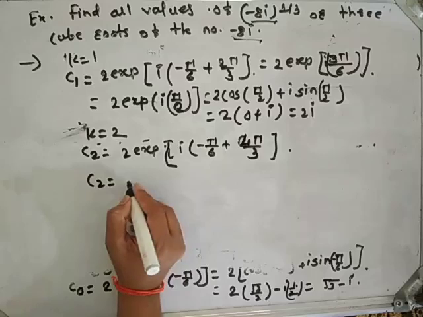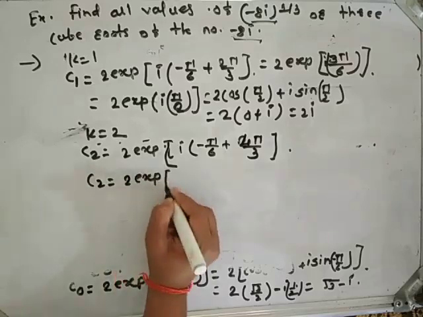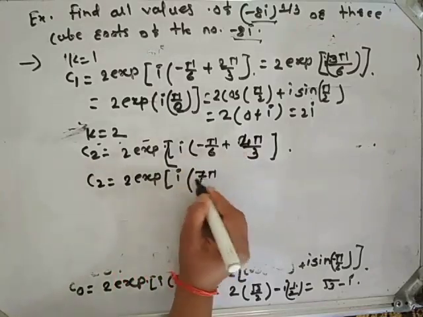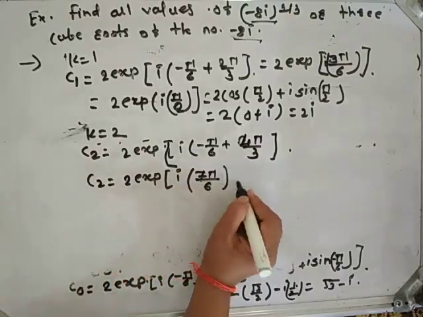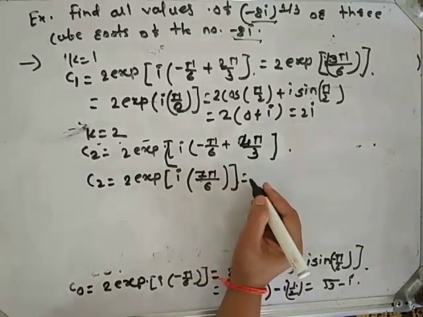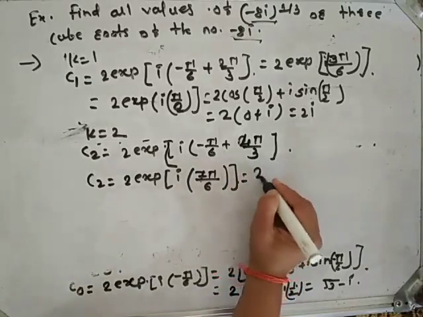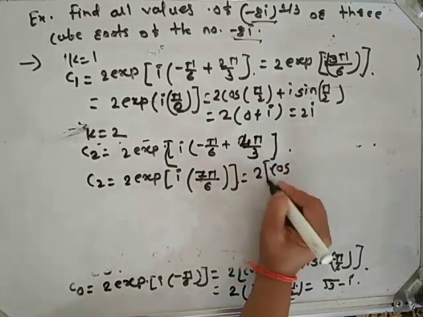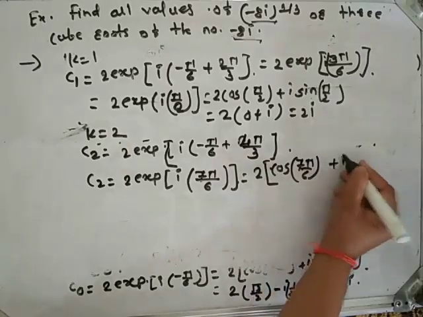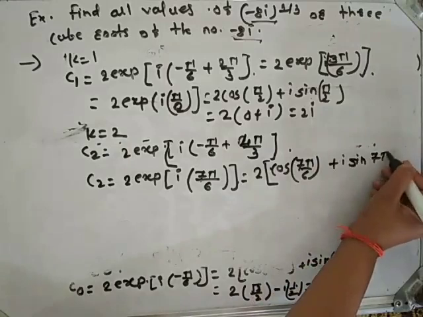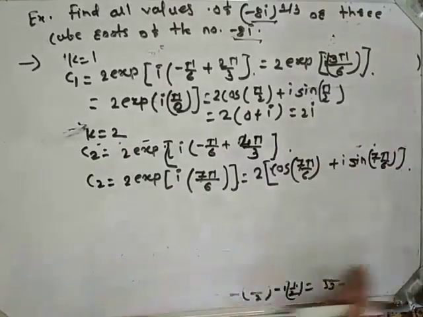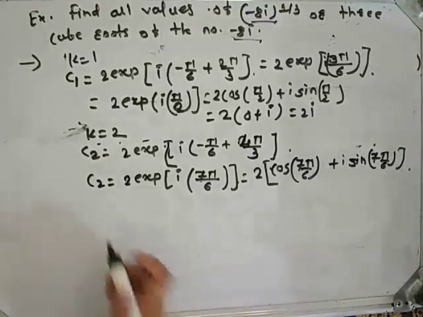So we will get 2 into exponential of i into 7 pi by 6, which equals 2 into cos of 7 pi by 6 plus i sin 7 pi by 6. Now find the value of cos of 7 pi by 6.